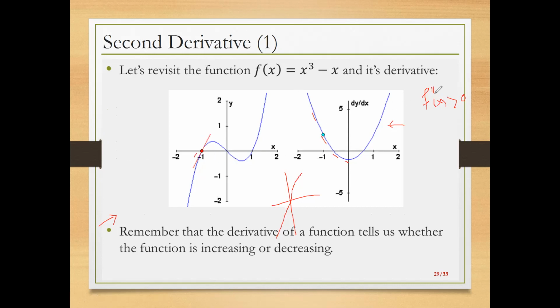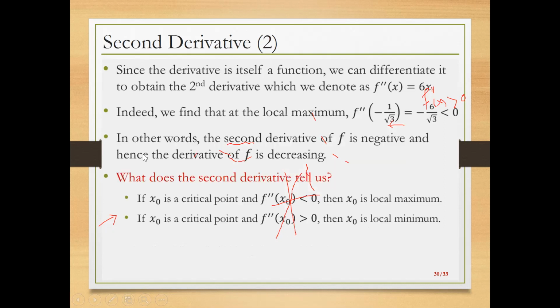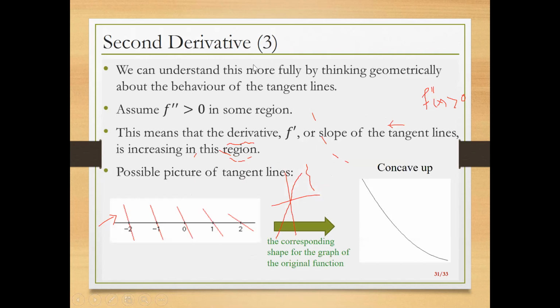So if the second derivative is positive, that means this part. If you look at the first derivative, over here this slope is slowly decreasing, right? So basically we are drawing the slope, and at some point it will become equal to 0 and will give us the local minimum. So for f double prime positive, you get the local minimum.